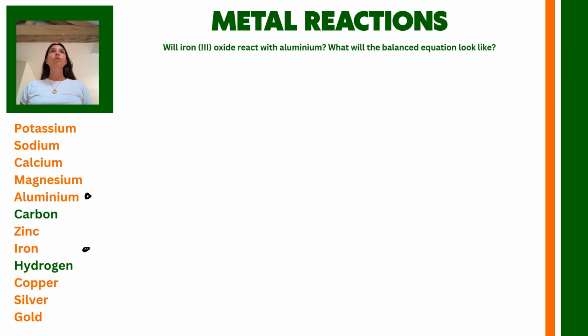How do I figure that out? I go to my reactivity series. Remember, you actually need to learn this off by heart, so think of your own mnemonic maybe to help you. But luckily for me, I've got a list here. And yes, aluminium is higher on the reactivity series than iron, which means that it is capable of displacing iron.